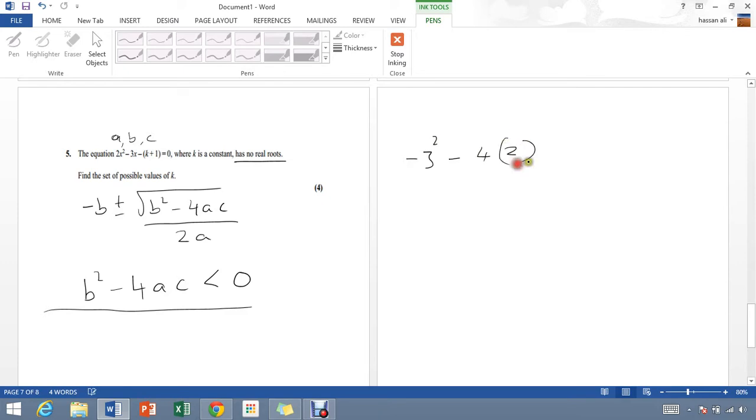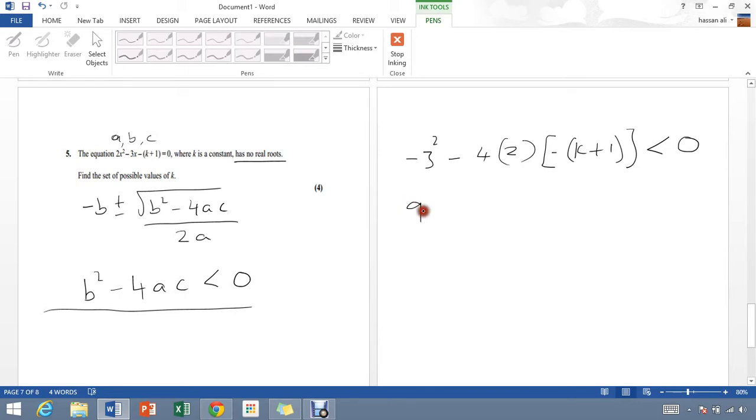A is 2. Now you've got to be careful here because c is all of this bit, minus k plus 1. So put that in a square bracket. There's minus k plus 1, and all of that has to be less than 0.